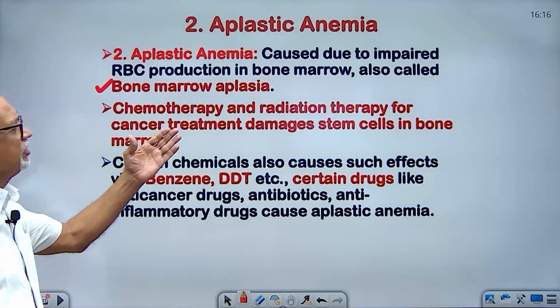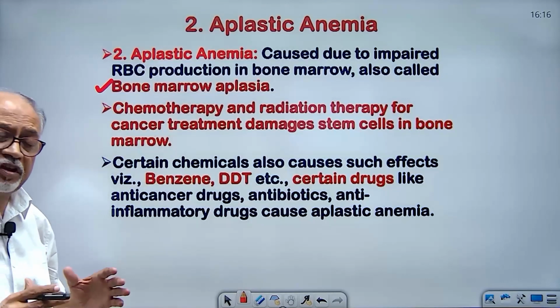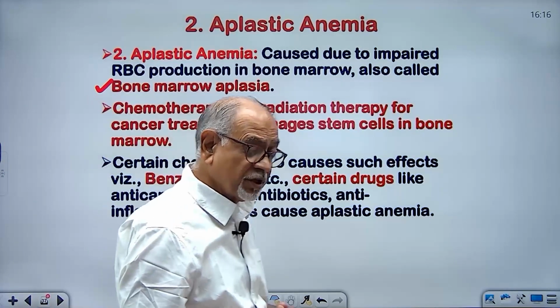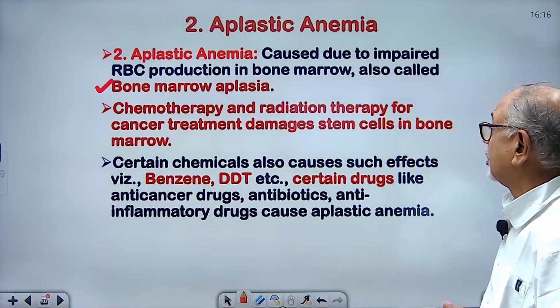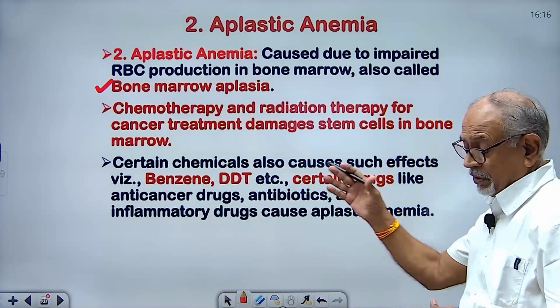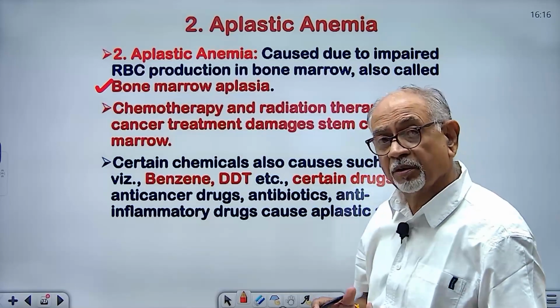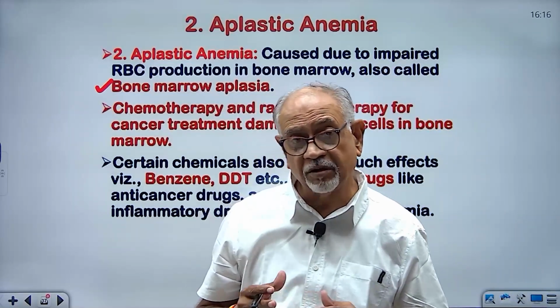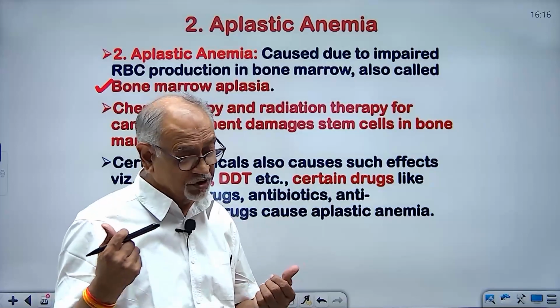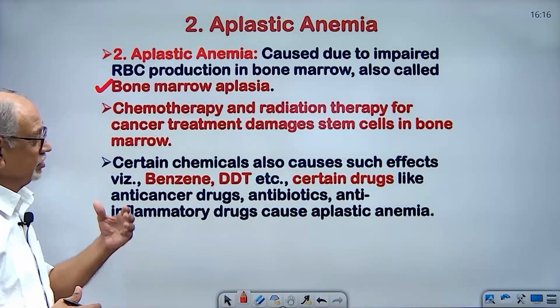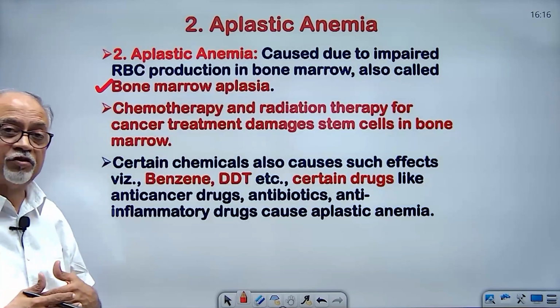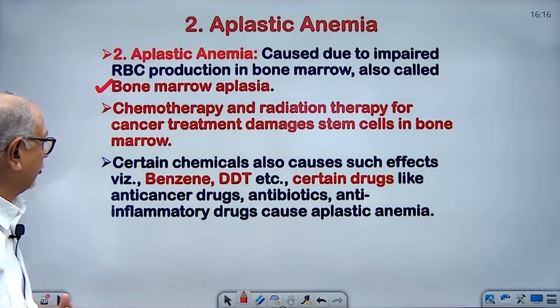It is seen in case of chemotherapy, it is seen in radiation therapy given in case of cancer treatment. These radiation and the chemotoxicants, they damage the stem cells in the bone marrow and thereby reducing the production of blood cells.